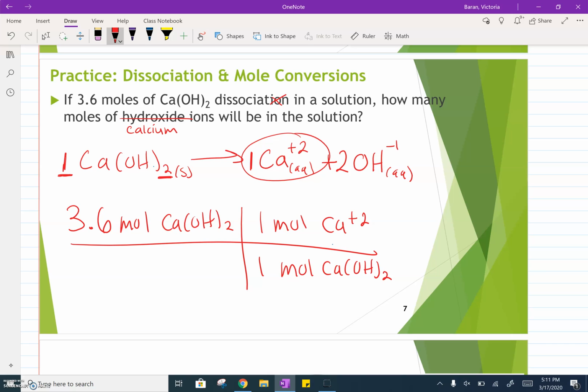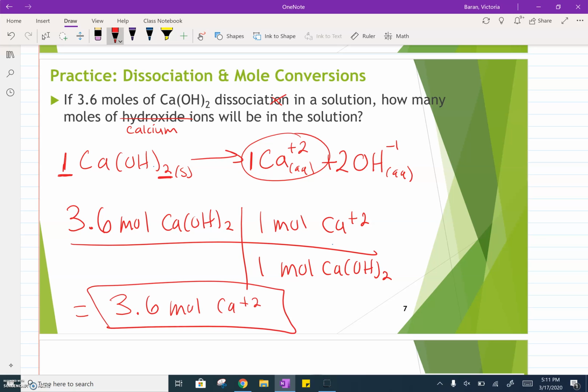Now, in this case, 3.6 times 1 divided by 1 will give you 3.6 moles of calcium ions, and you can have a situation where that will happen. And that is how you go about solving for a certain number of moles of a specific ion, or you could be solving for the compound given a certain amount of moles of the ion or a compound through dissociation.